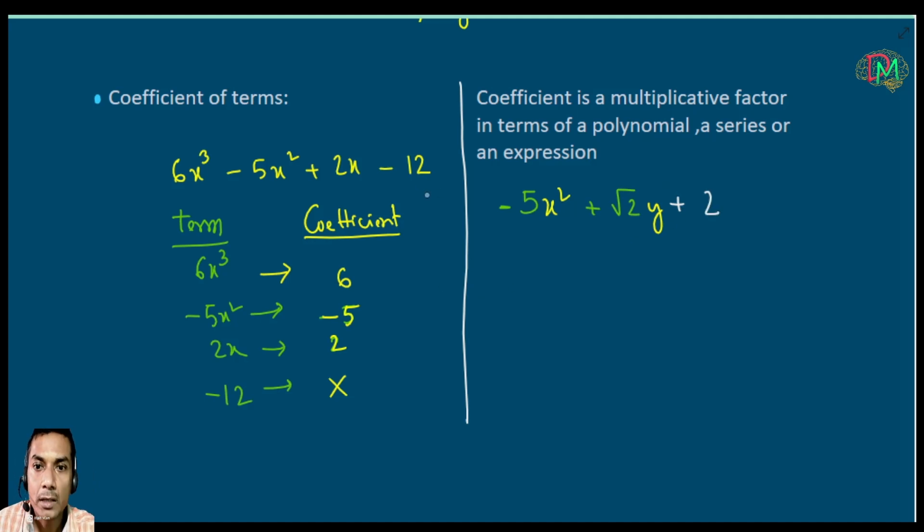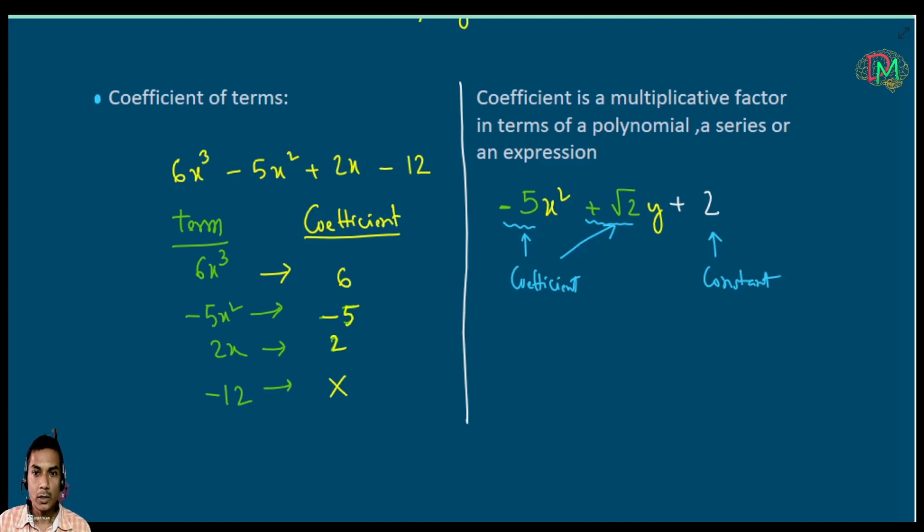So here you should have a clear idea of which part is actually the coefficient. This is the coefficient, and this is also a coefficient, including the sign and the constant part of the term. This is the variable, this is the constant. Clear? This part is constant.